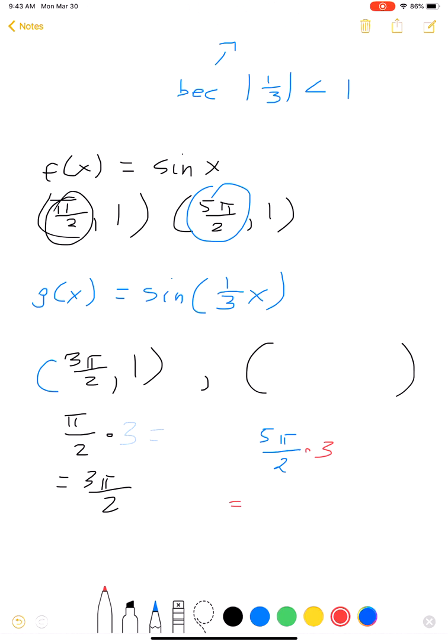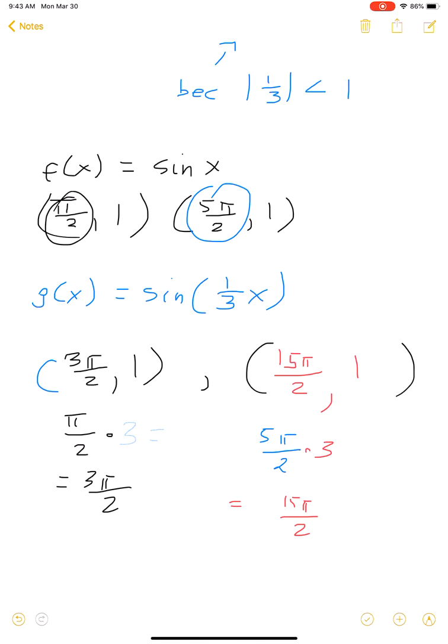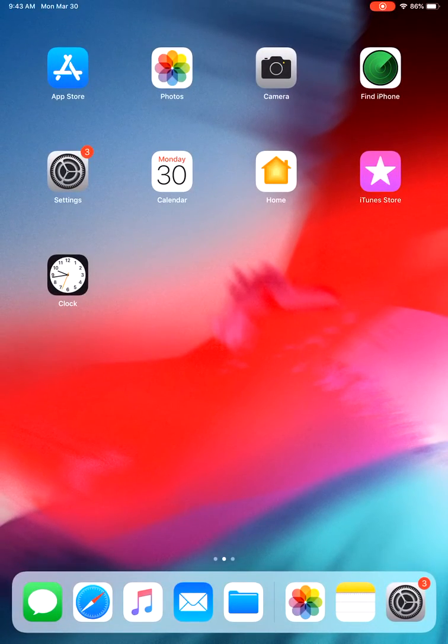And we're getting here 15 pi over 2. And there's no change regarding the y value. I'm going to skip graphing the horizontal stretch. And next, I want to go back to PowerPoint.